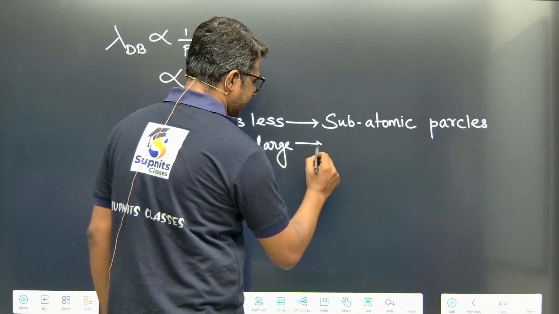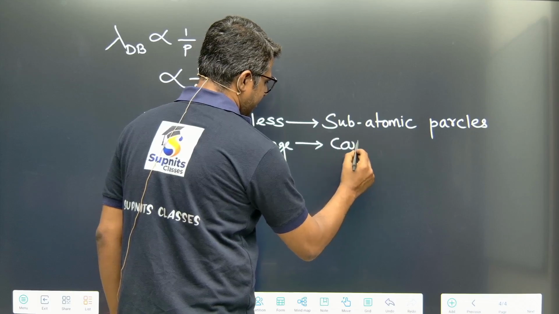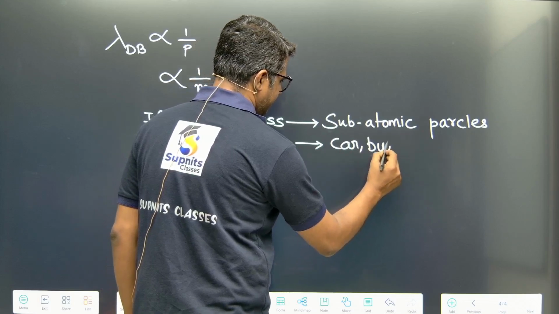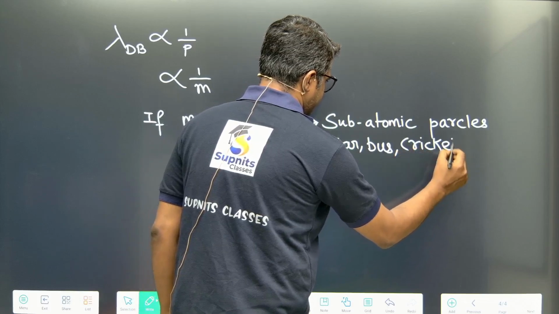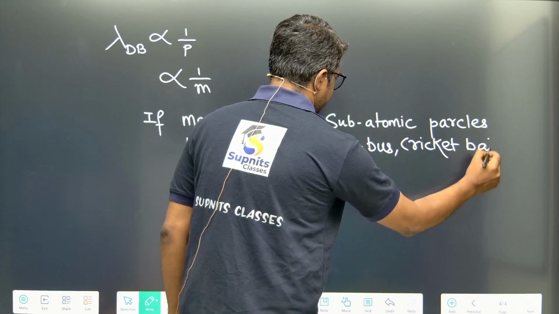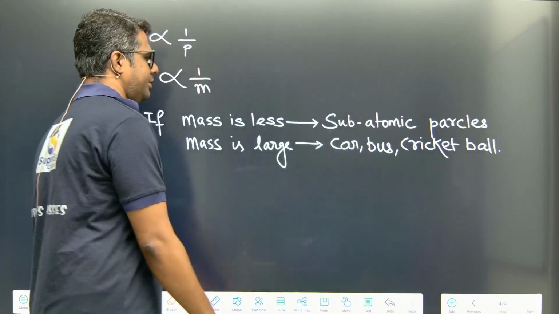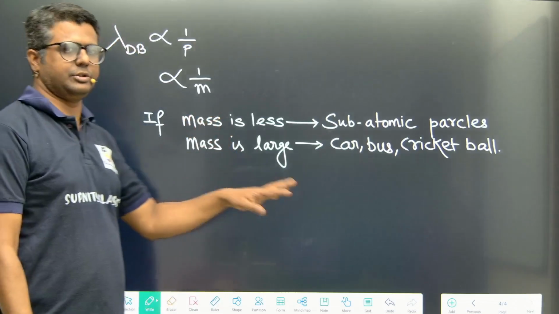Mass is large for, say, a car, a bus, a cricket ball, etc. So these are the two cases we need to consider.